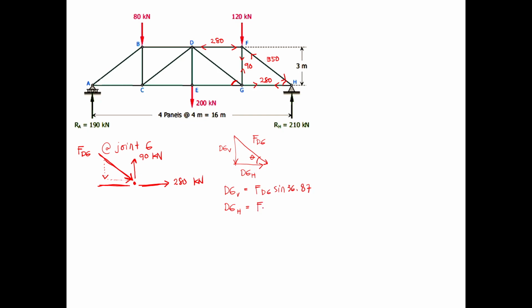And then FDG horizontal is FDG cosine 36.87. So looking at your horizontal component, DG is going to the right, 280 is going to the right, so it's safe to assume that your force EG is in tension going to the left to make the system in equilibrium.